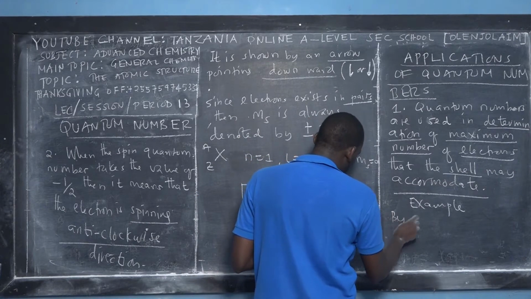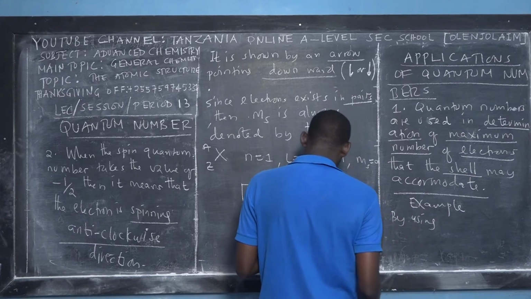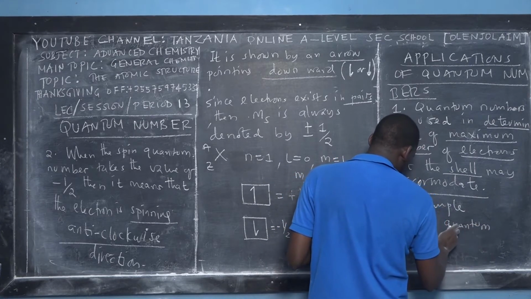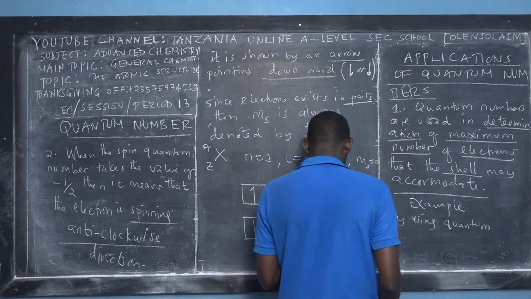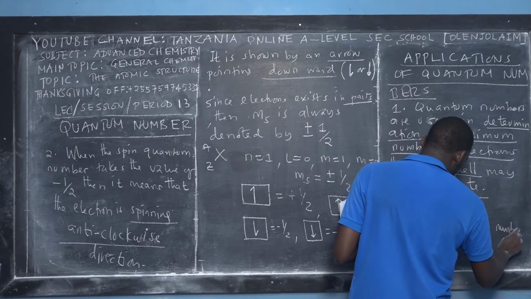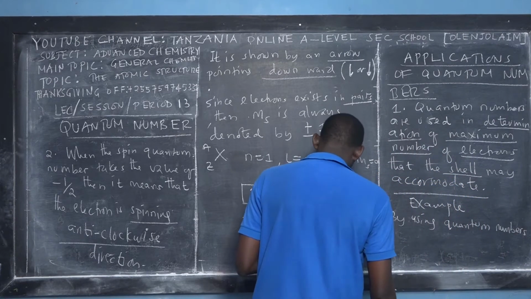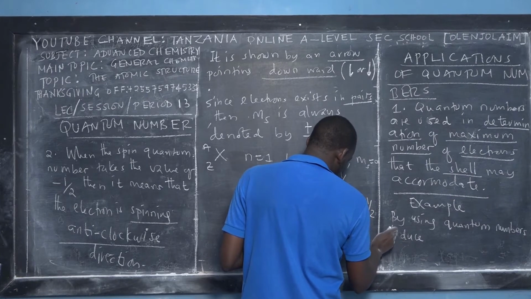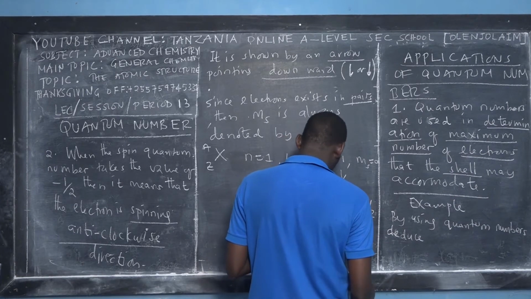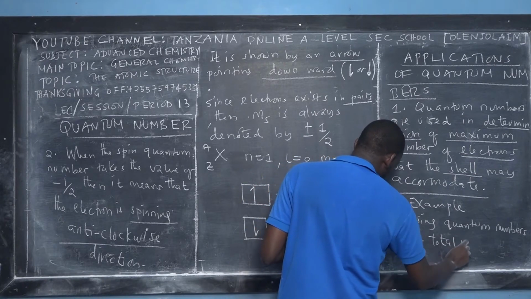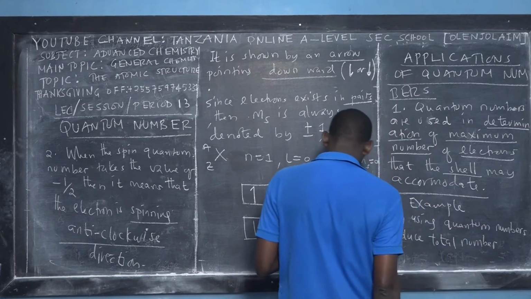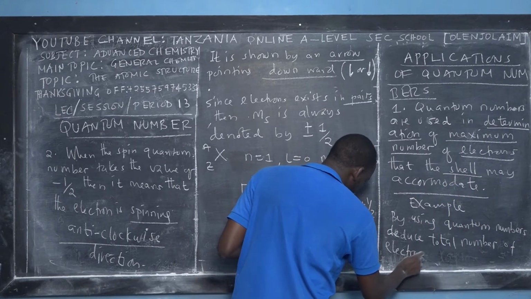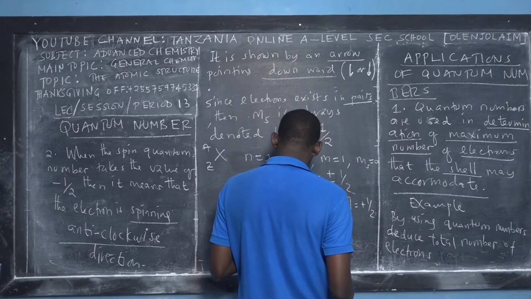But the question states like this one: by using quantum numbers, deduce the total number of electrons in the first shell.